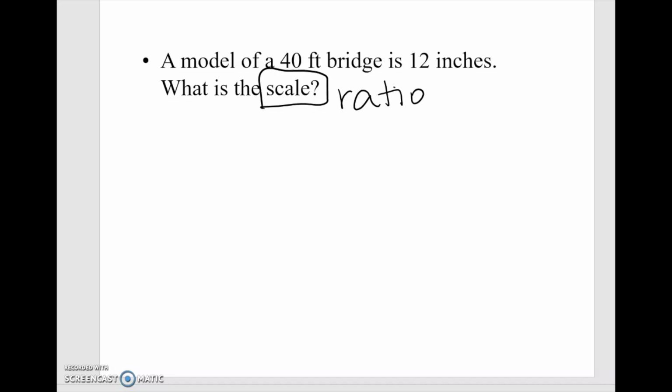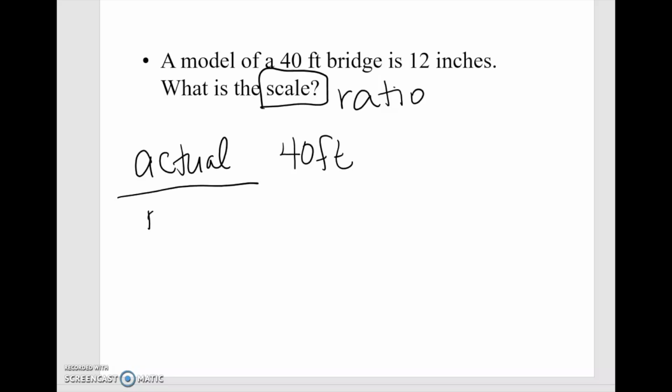So I'm looking at my model, and the actual bridge is 40 feet. In the model, the bridge is 12 inches. So what we would do is we would simplify into simplest terms.